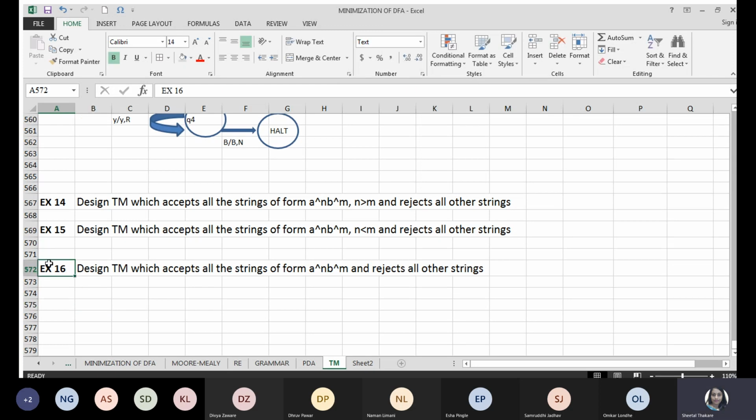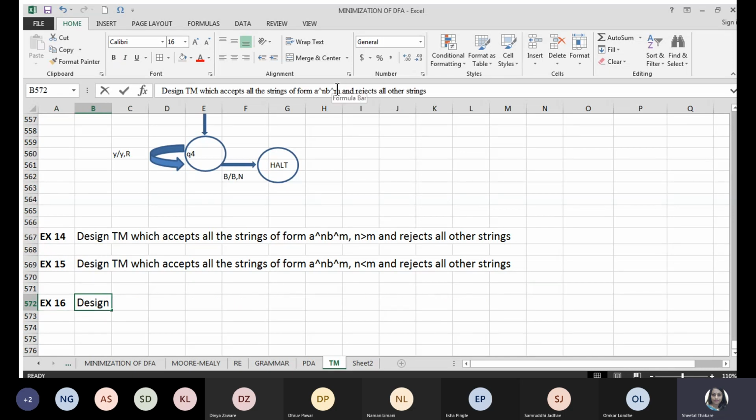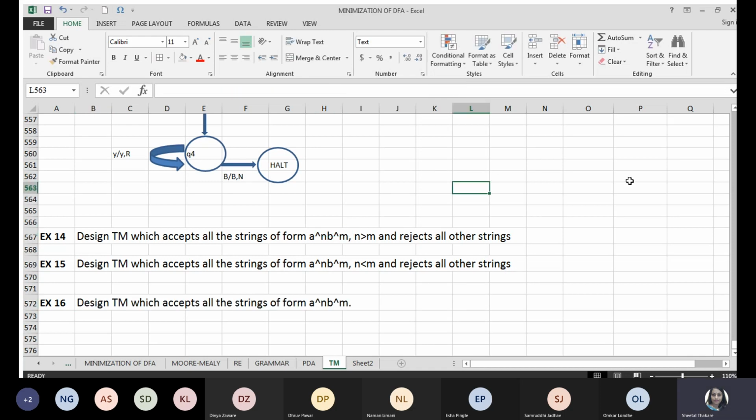Sum number 16 will necessarily include all the accepting conditions of sum 13, 14, 15. So it will be like this. Design Turing machine which accepts all the strings of the form a raised to n, b raised to m.